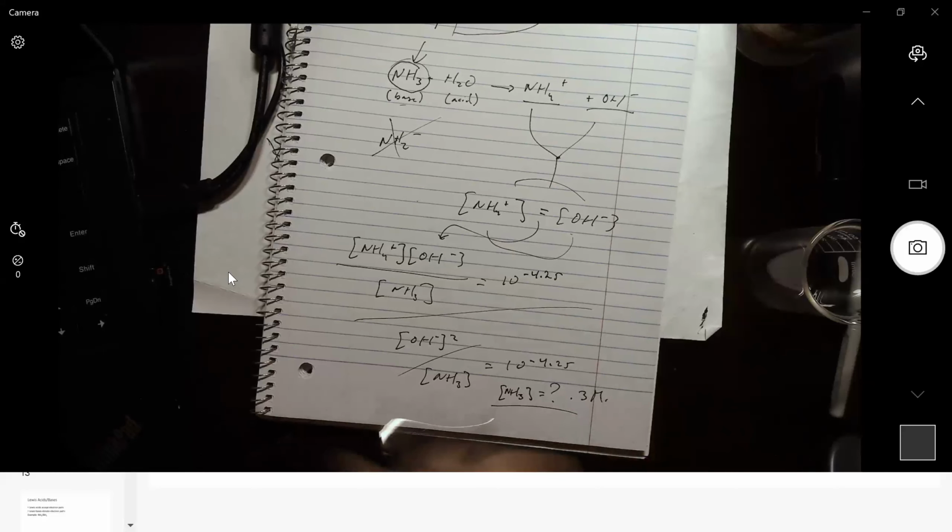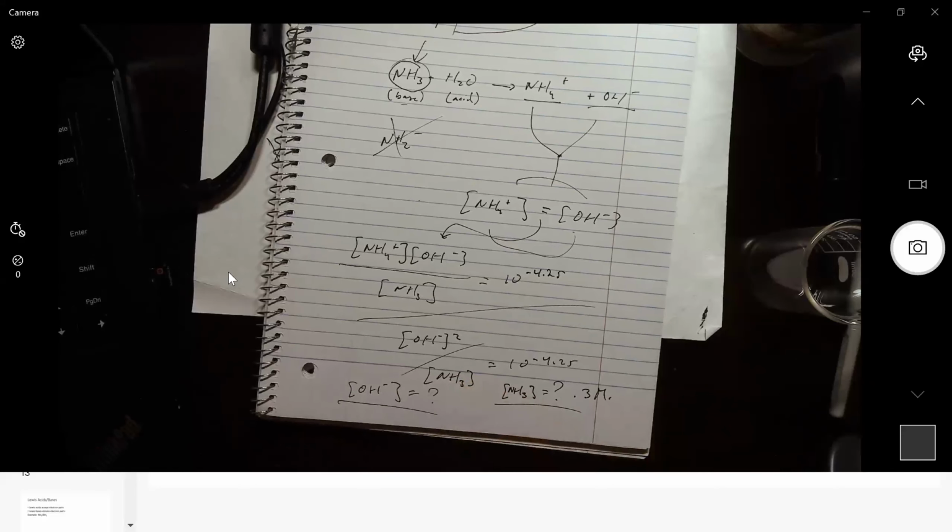Can someone solve the equation for OH minus? What does that equal? Oh, is that the pOH?